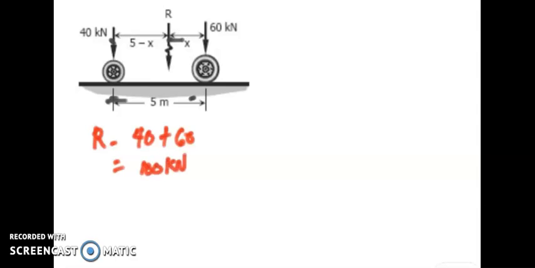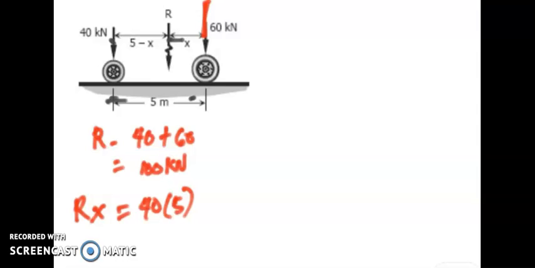Then we have to identify the value of X. To solve for X, let us take the 60 kilonewton load as our reference point. The resultant times X is equal to 40 times the moment arm distance, which is 5.